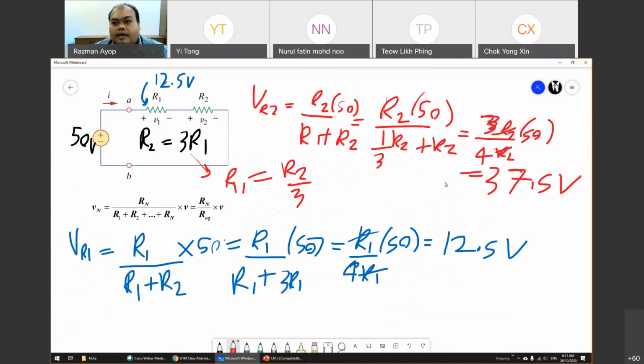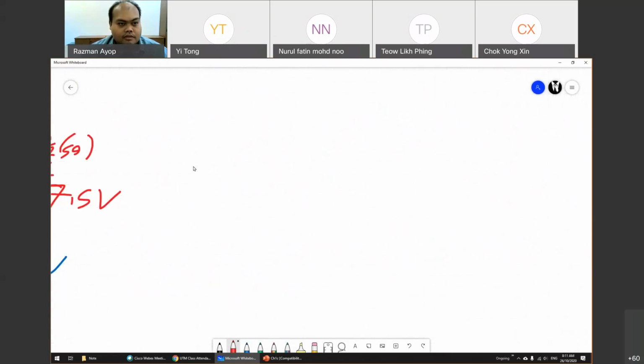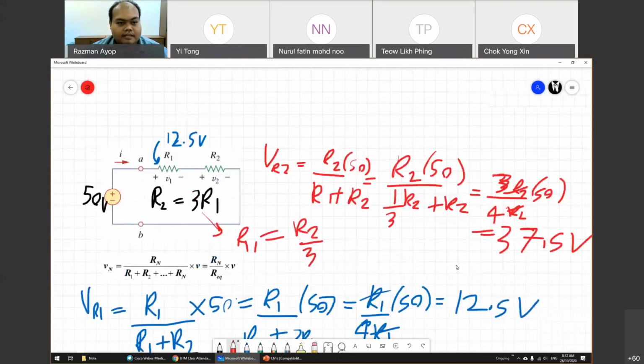As I mentioned last week, this is just one way to solve this actually. If you use the theory provided last week, you can also use other methods.